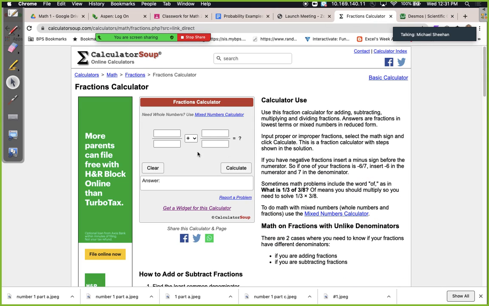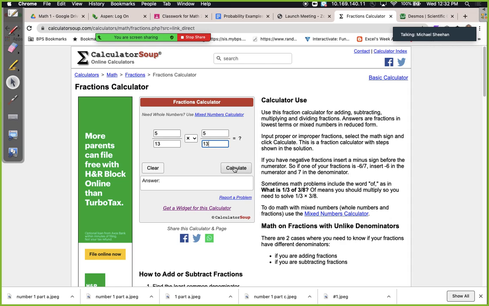If you're using this one, click this little thing to multiply. Once you do it once, it'll stay on multiply, even if you hit clear. I want to do 5/13 times 5/13, and you click calculate.